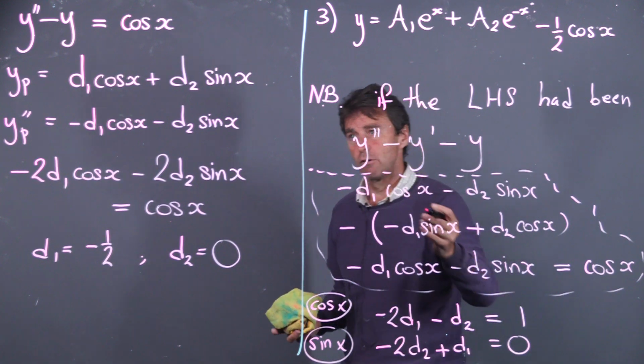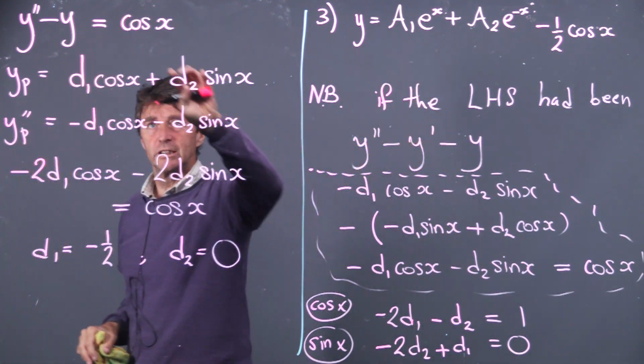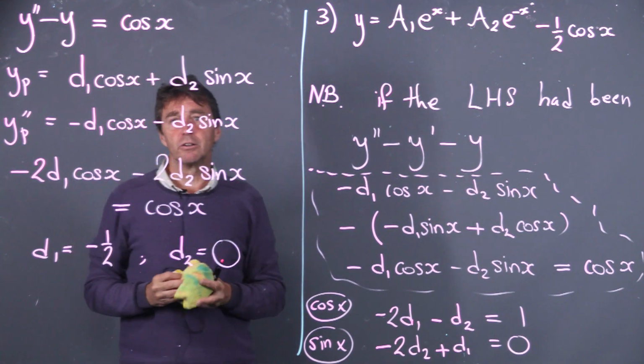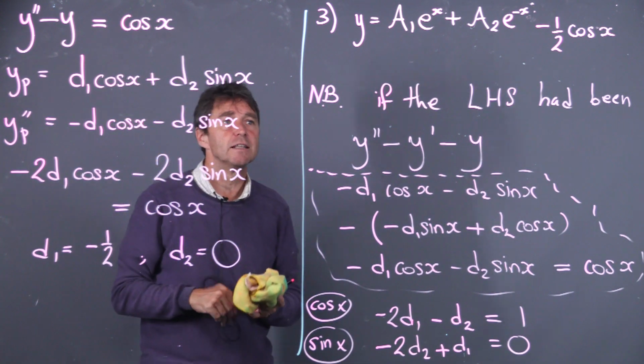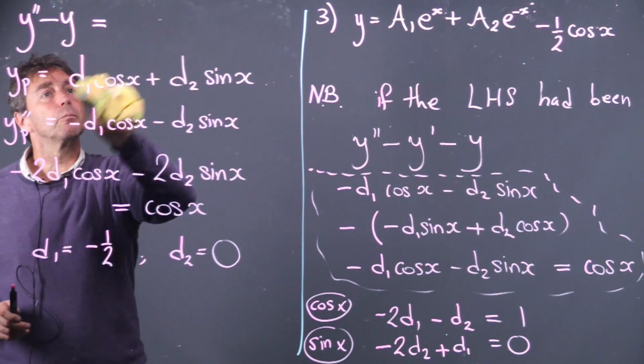So that's why the general entry in the table, the guiding table of educated guesses, says that if you have a sine or a cosine on the right-hand side, you try both as your particular solution. Okay, let's try another example.